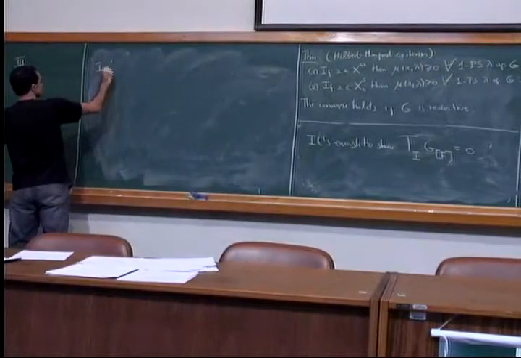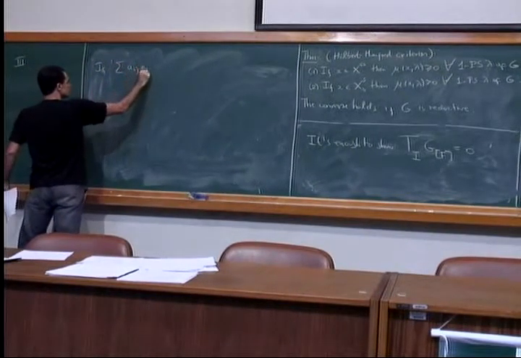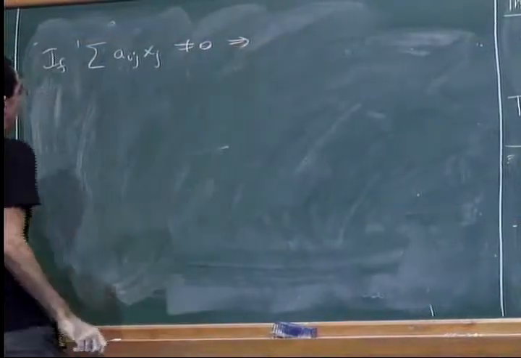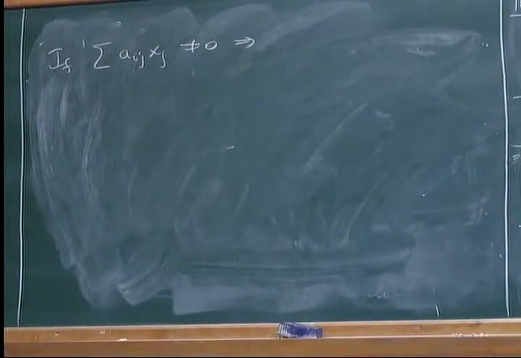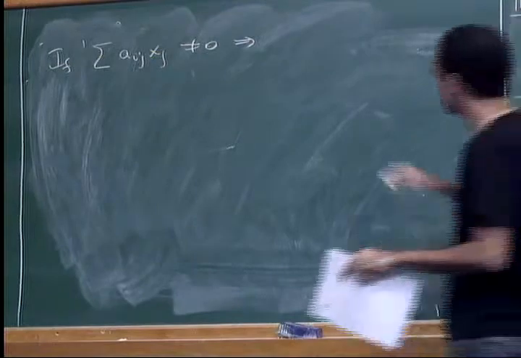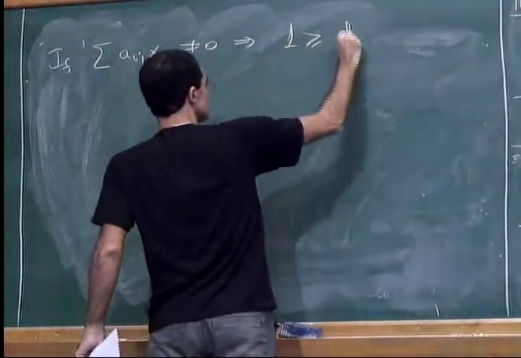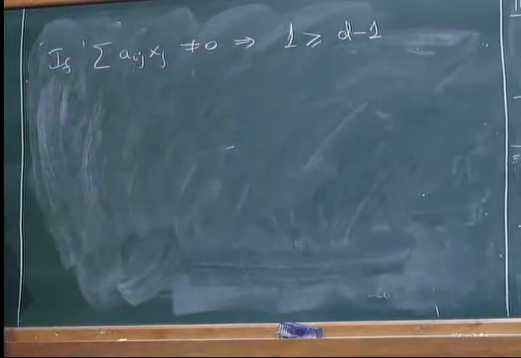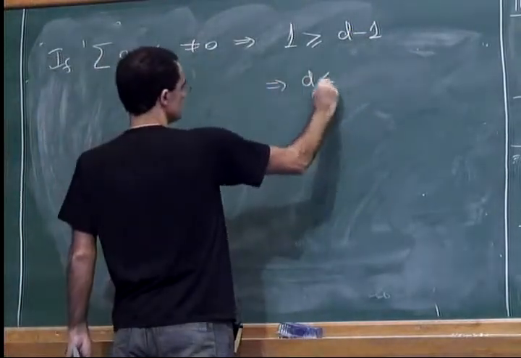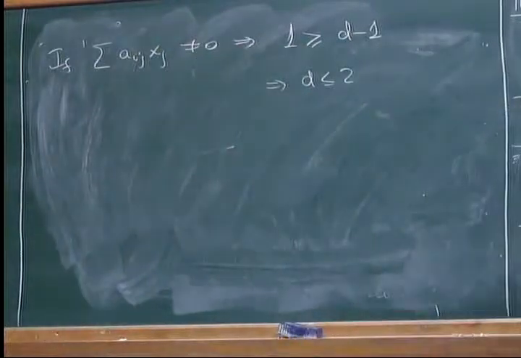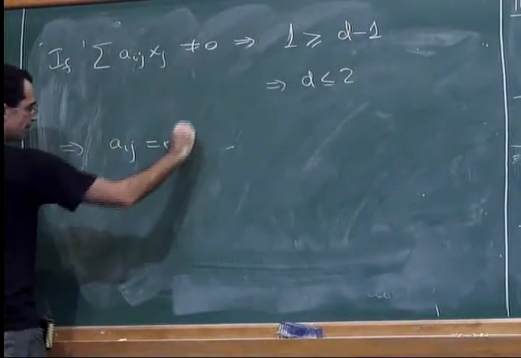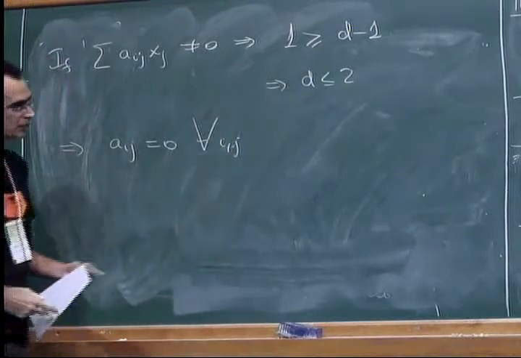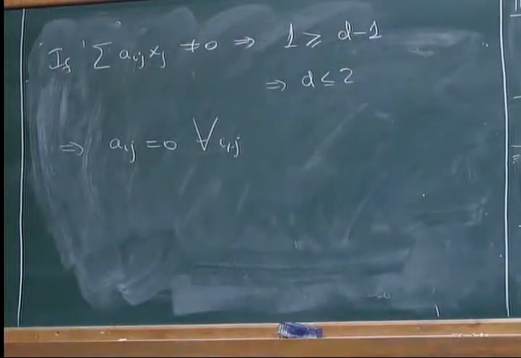So if these guys are non-zero, then I need them to be multiples of the trivial relations. That means the degree of this should be greater or equal than the degree of the derivative. Right? So that's d minus 1 at most 1, i.e. d at most 2. And we are assuming that d is at least 3. Okay? So that shows you that all these a_ij must be 0. And that finishes the proof by showing that the tangent space is trivial here.